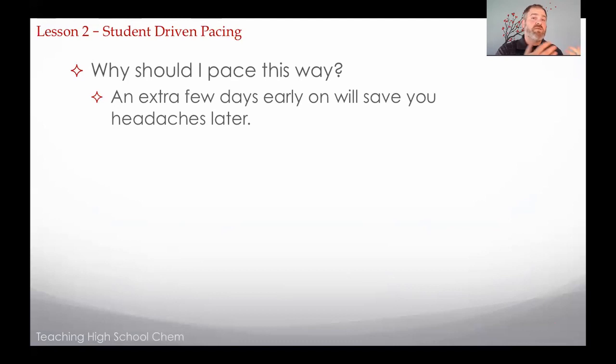If for some reason I have a group that's struggling with it, and it's going to take 3 days for them to get it, I'm going to pay that price every time. Because if I don't take the time, I'm going to lose that time later, if not more. So it's critically important that I'm willing to pay the price to lay a firm foundation in order to save me headaches later.